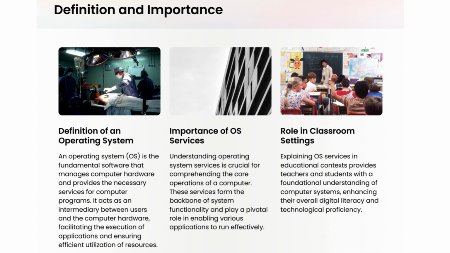It basically acts as a bridge between the user and the computer hardware, ensuring that software applications can function smoothly. Understanding these services is vital because they are fundamental to how computers operate. In educational settings, this knowledge helps teachers and students become more proficient with technology, improving their overall digital literacy.